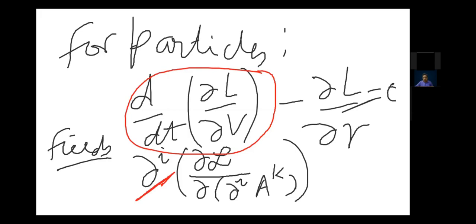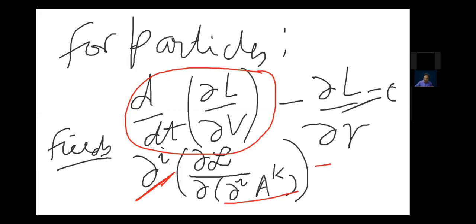Then the Lagrangian is changing to the Lagrangian density. The generalized velocity has now changed to del i A k, because of the former slide. You can go back and see that A k are the coordinates, and they have to take the 4 derivatives of this.